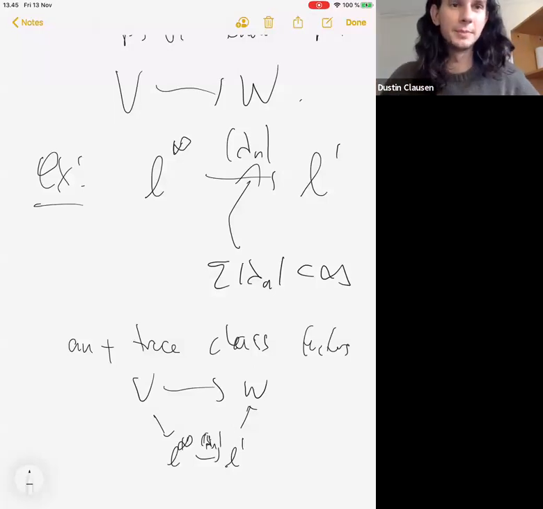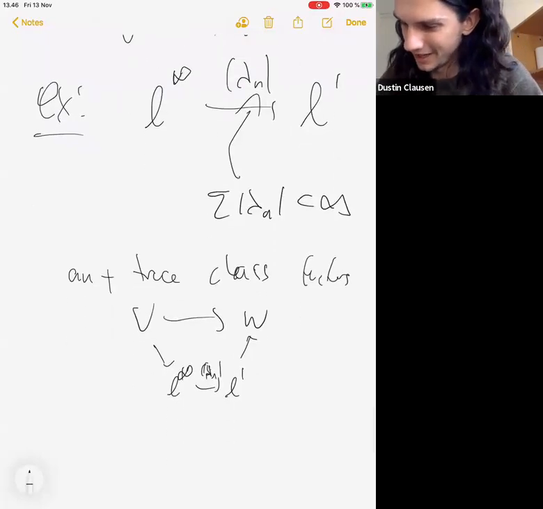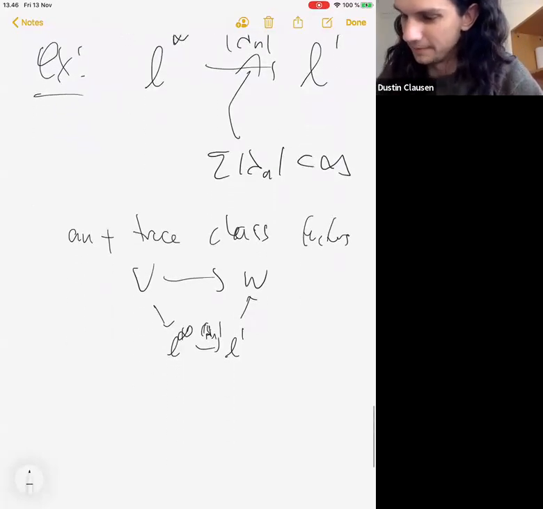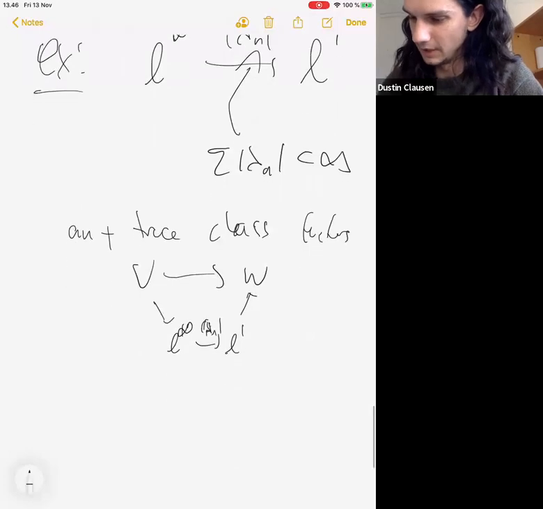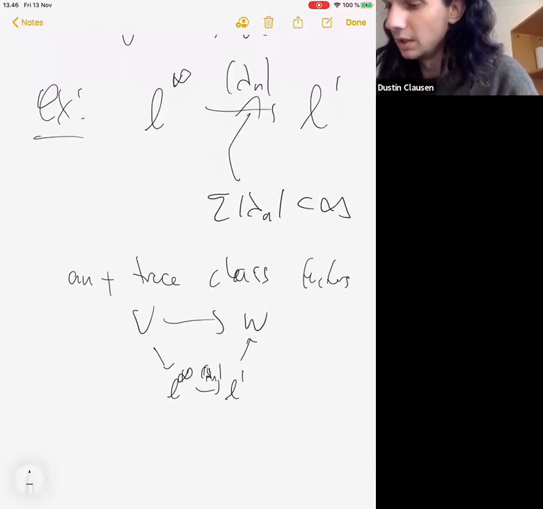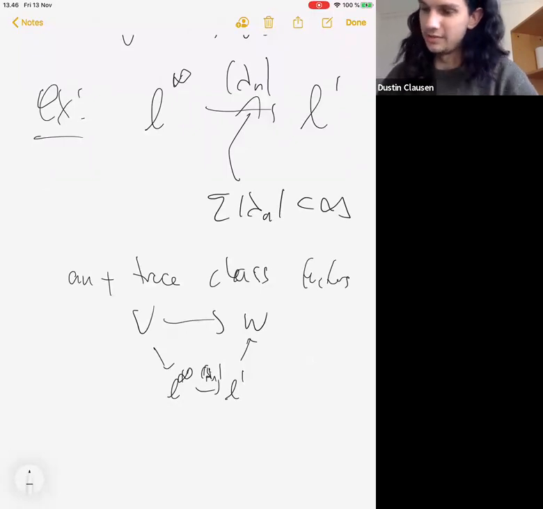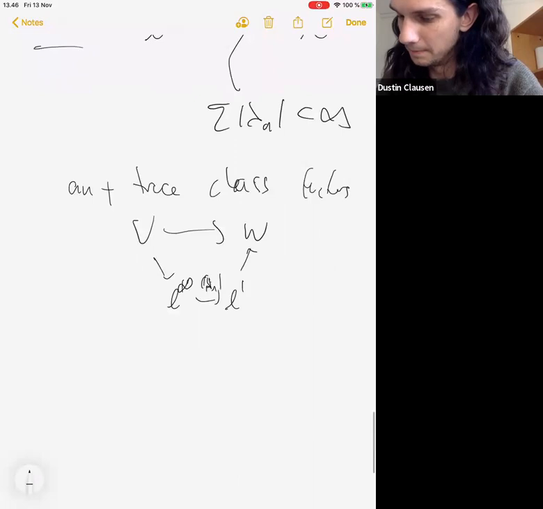Yes, thank you. Absolutely. Thank you for catching that. Okay, so you basically only need to look at this one class of maps, this diagonal map, in order to understand what a trace class map is.